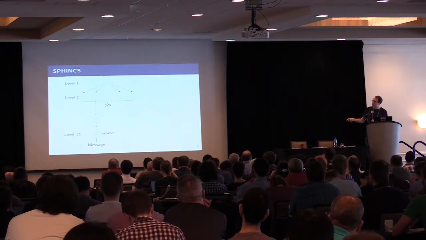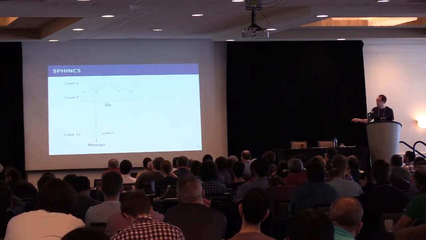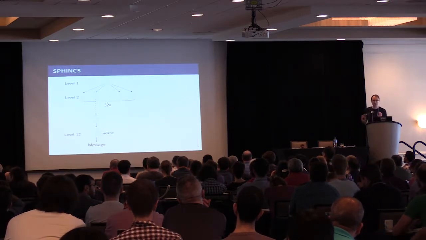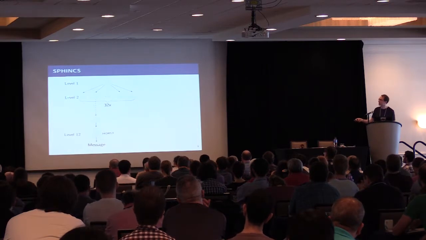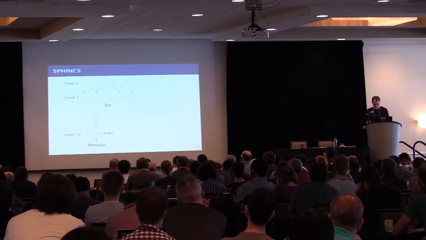We do this for a certain number of layers, and at the end we sign the root of HORST, which is the few-time signature scheme. We don't need to know any details about this. It's basically a lot of trees and a lot of one-time signatures, and in the end, a few-time signature.